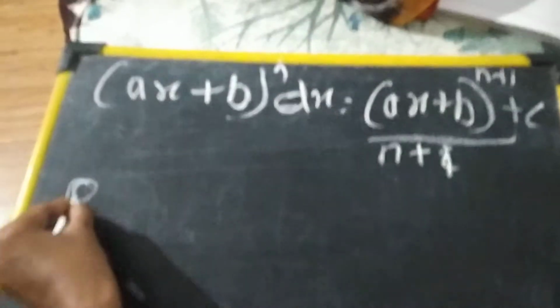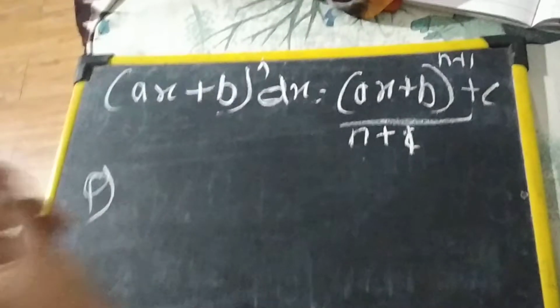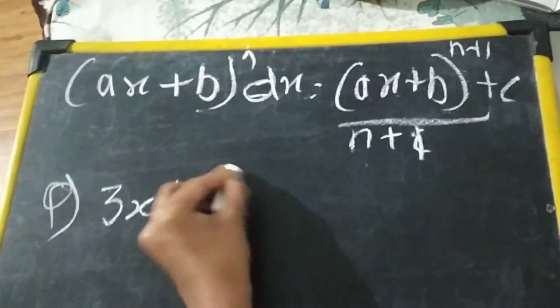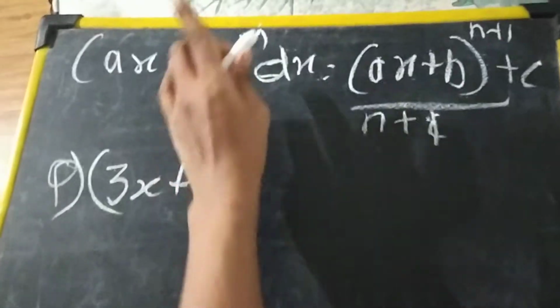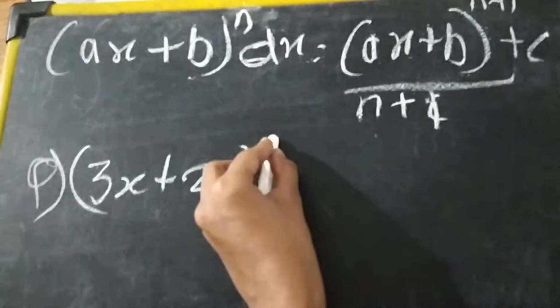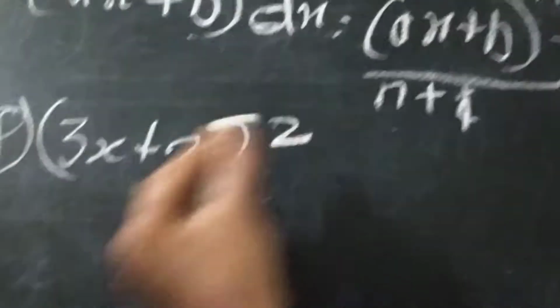Now if I take the second formula, let me frame a question like this: 3x plus 2 raised to n. Let me take n as 2.